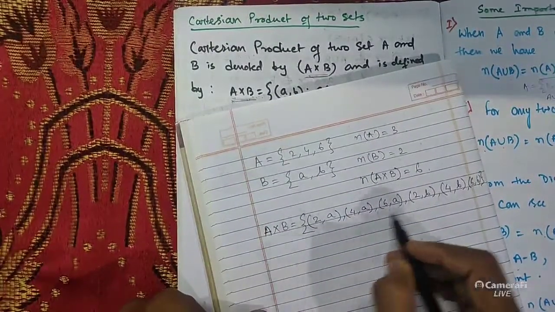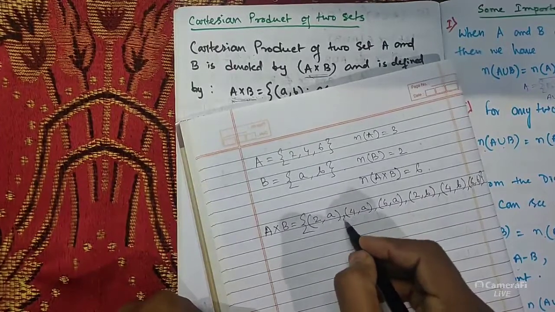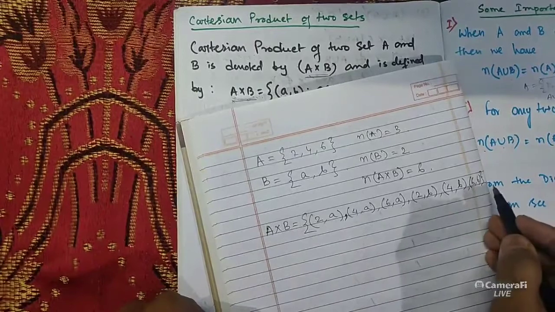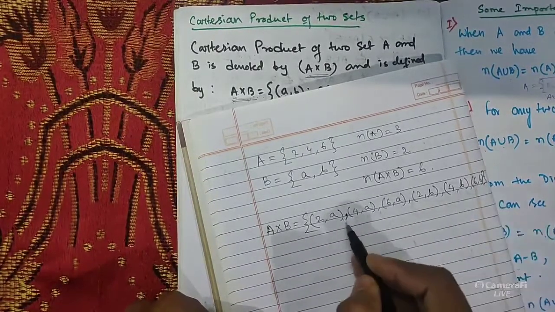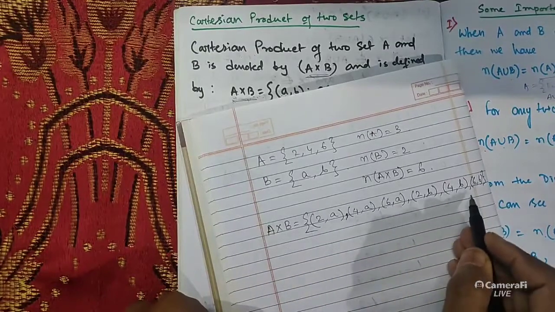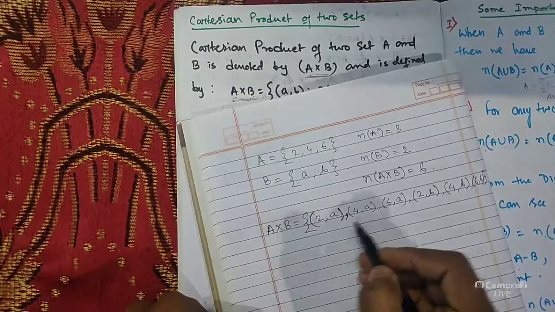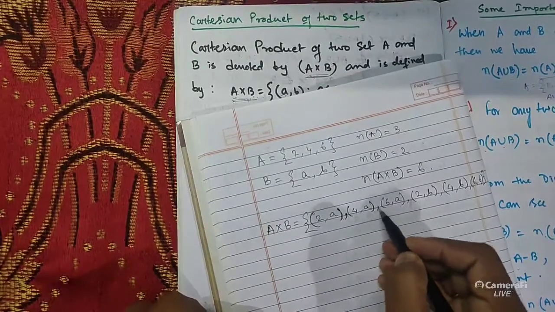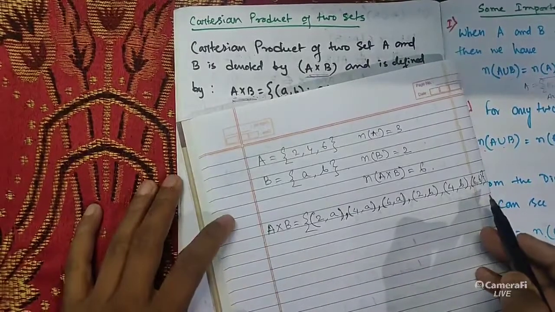Now see how to write. I have written the ordered pairs and given commas because this is the way to write a set in roster form. Within the brackets we have to separate the elements by commas. Here the elements are ordered pairs, so all the ordered pairs should be separated with commas. So this is A cross B.